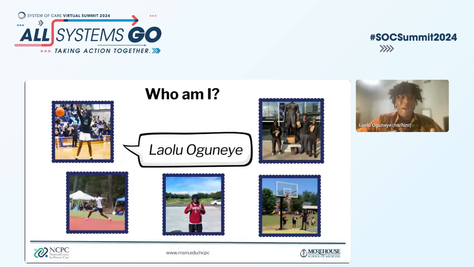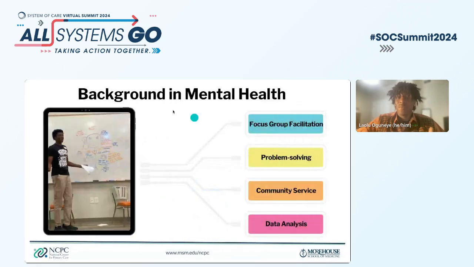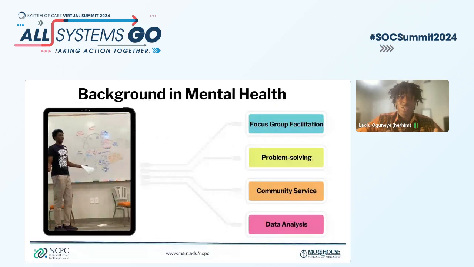My journey as an advocate for youth mental health began in the fall of 2022 with a Vox-sponsored group called Speak Up Decatur. The basic facets of what I learned through Speak Up Decatur are on the right: focus group facilitation, problem solving, community service, and data analysis, skills that are very helpful in the world of youth mental health. However, there was much more to what I learned.